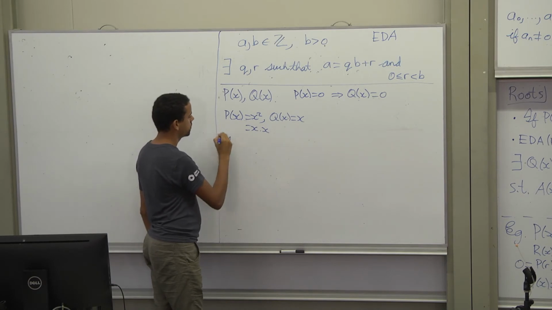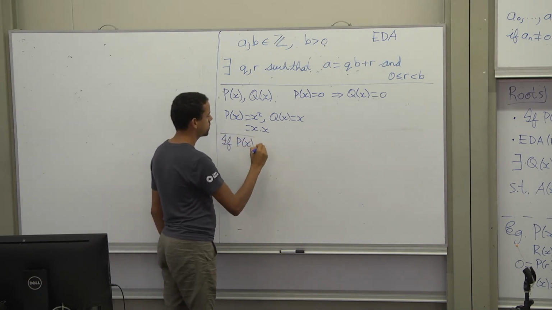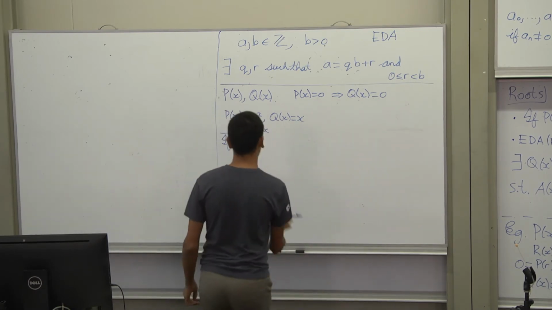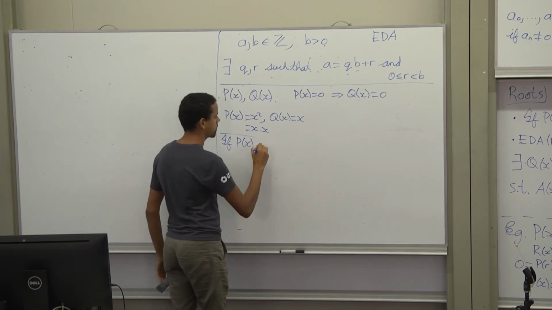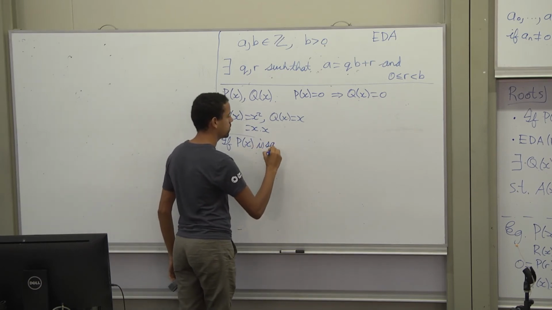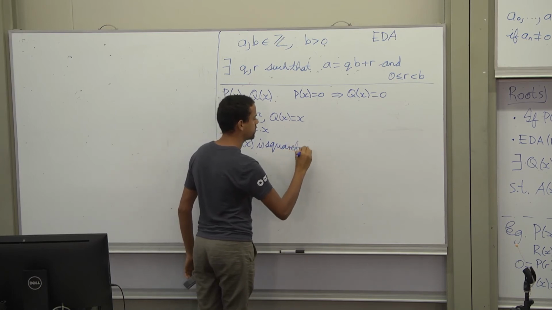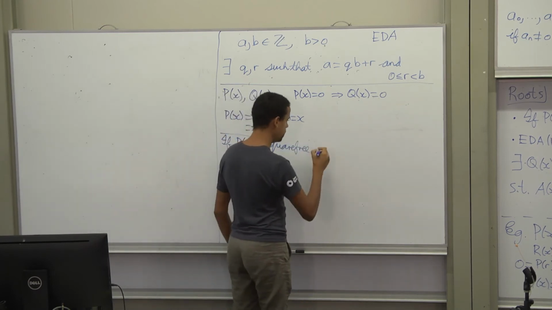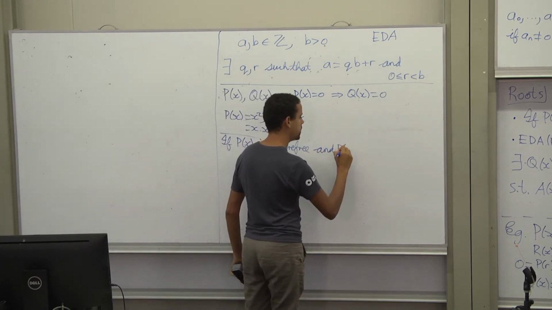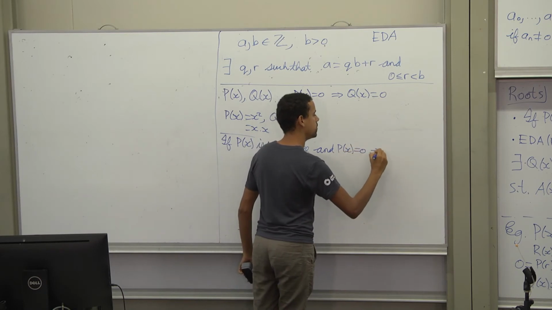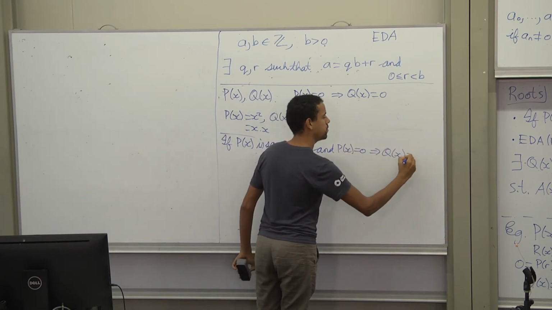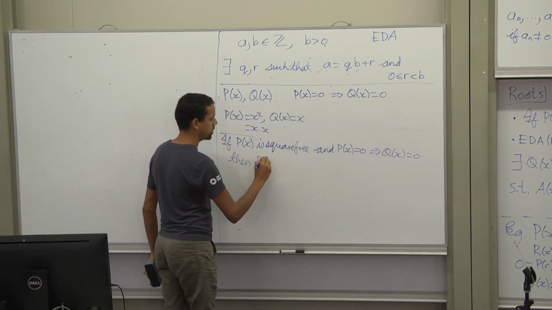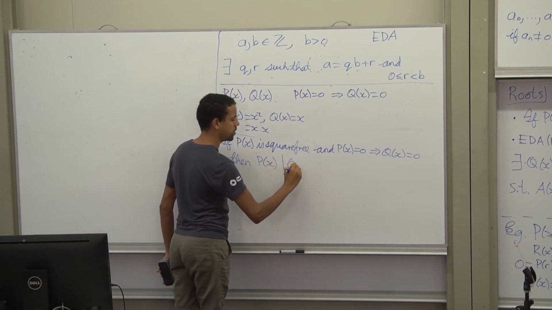That if p of x is what they call square free, in other words, it has no square factors inside it, and whenever p of x is 0, we have that another polynomial is also 0, then p of x is actually a factor of q of x.